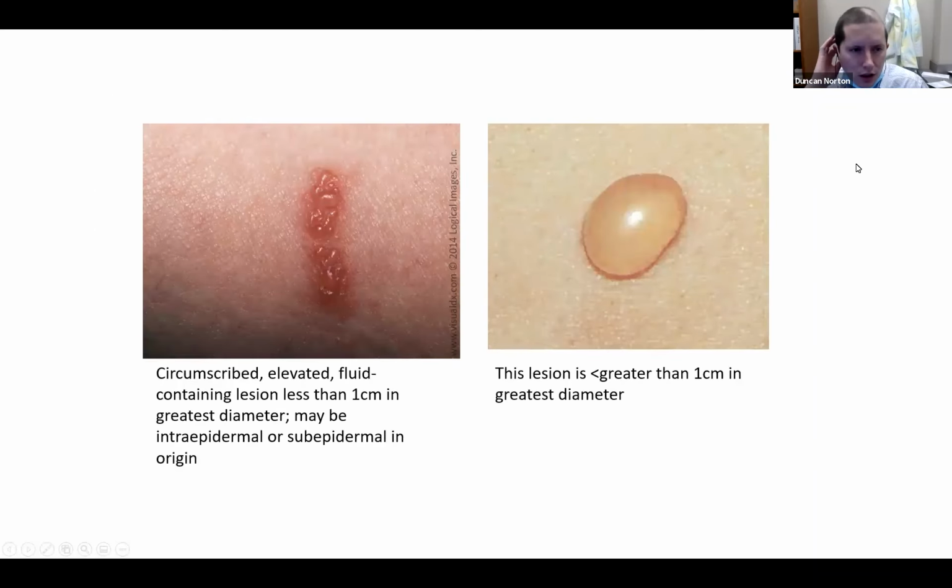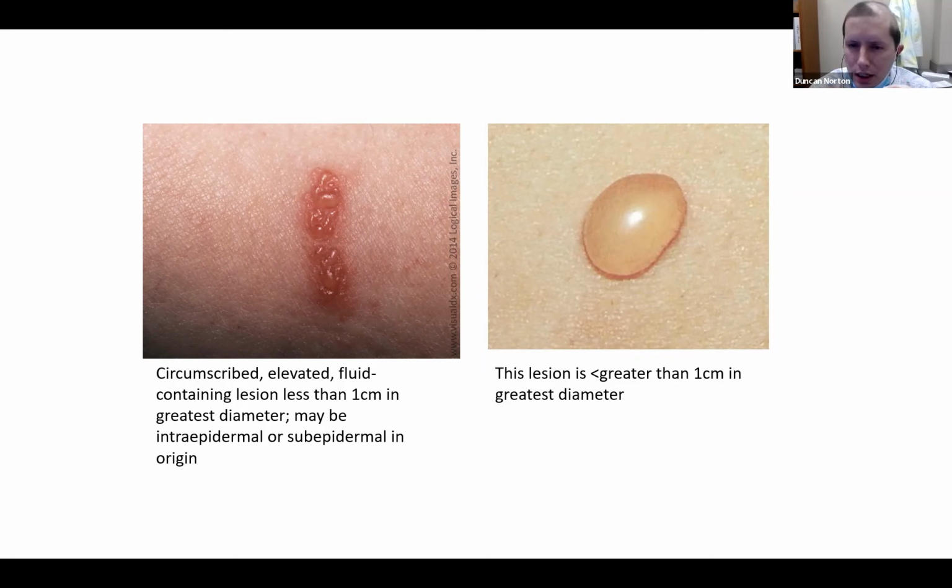So first, let's start off with the primary morphology. One of the things that you have to figure out is, okay, is it vesicular versus non-vesicular? Vesicles are circumscribed, elevated, fluid-filled lesions that are less than a centimeter in diameter.